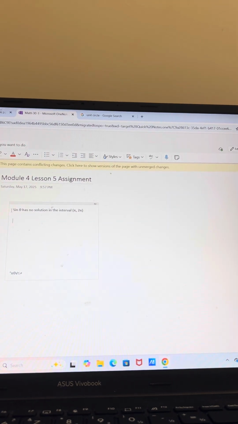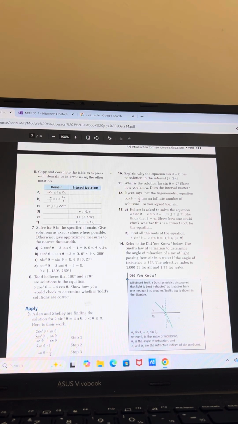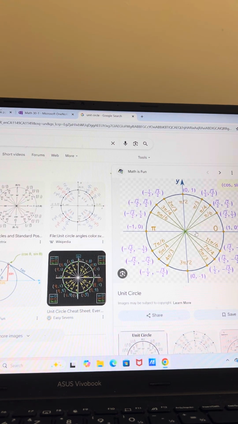So the question is suggesting that sine of theta equals 0 has no solution in the interval pi to 2 pi, and we have to explain why. So let's look at this. The sine of an angle is 0 when the angle lands on the x-axis of the unit circle. 0 is over here and we are on the x-axis here, right?